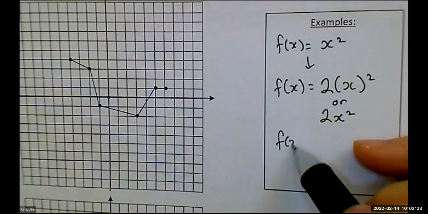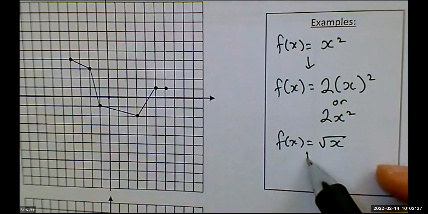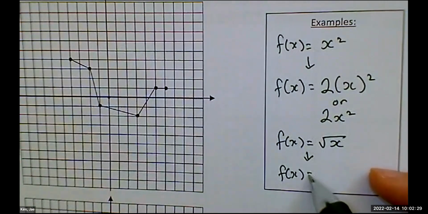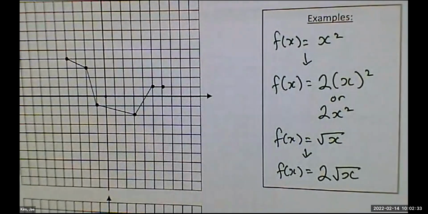If the function was that weird square root x that I was talking about, that will be transformed into just a number in front of it. It's multiplying.